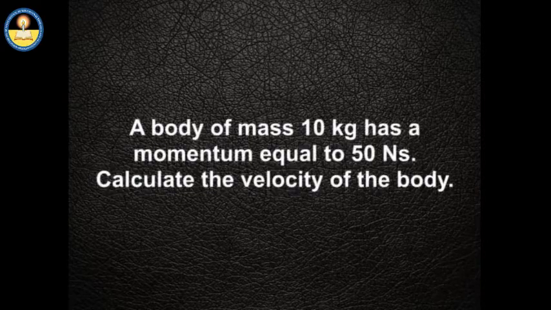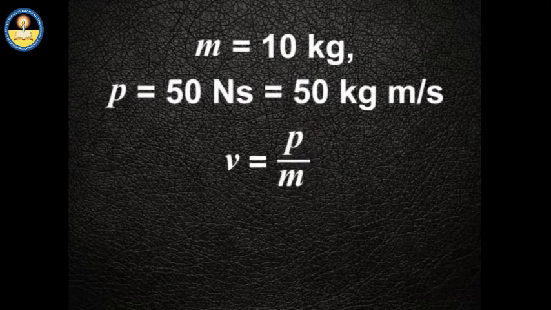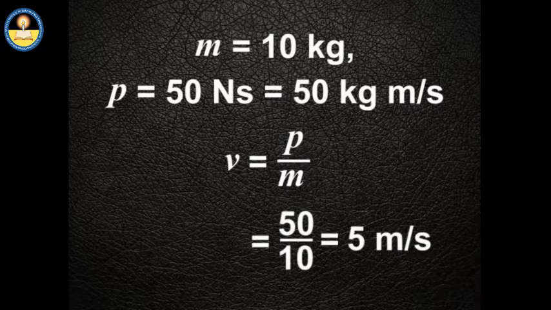In the next problem, calculate the velocity of a body if its mass is 10 kg and it has a momentum equal to 50 Newton second. Again, by using the relation for linear momentum, the velocity of the body comes out to be 5 meter per second.